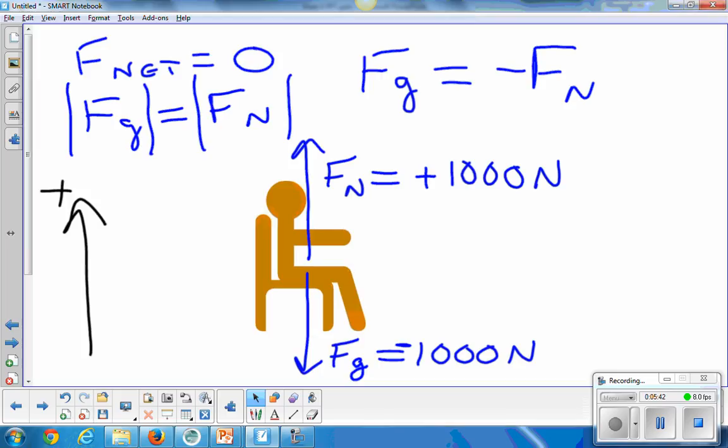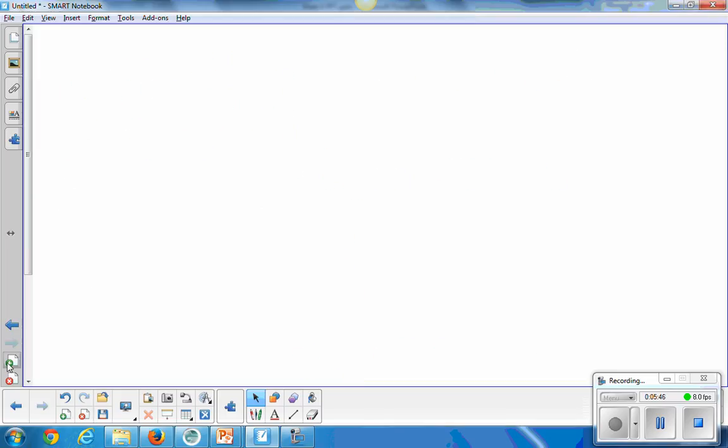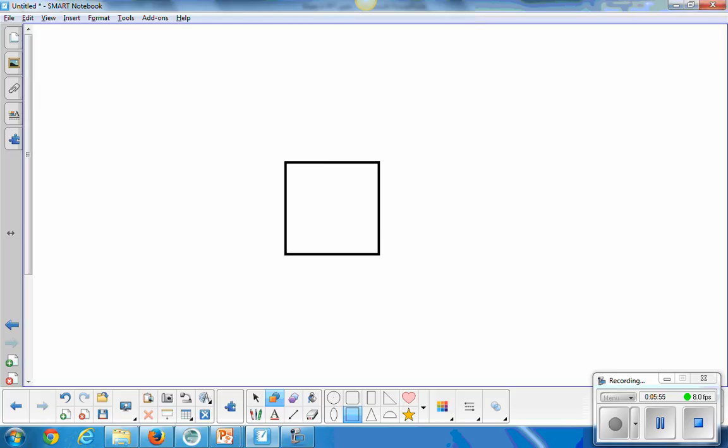This is a little ugly, so let me show you what a true full-on free body diagram looks like. Basically, objects, no matter if they're people, pelicans, pizzas, or cars, are a rectangle. And then we draw all the forces acting on it. So if this is the person in the chair, I'll try to label them person, oops, S, sitting.